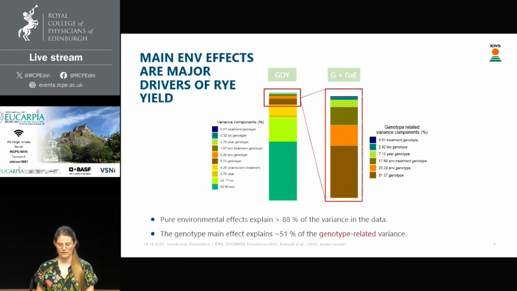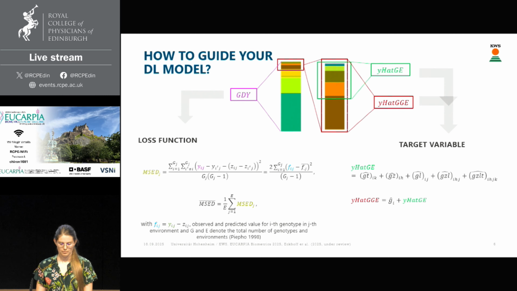Now, with exactly this thinking in mind, we developed two different ideas, and I would like to start with the right-hand side, designing target variables for deep learning models. What I'm showing here is basically you would use a linear mixed model, decompose it into its sources of variance, just like I had shown in the plot before, and then you extract the estimated effects coefficients, and you form a linear combination of everything that is associated to your genotype.